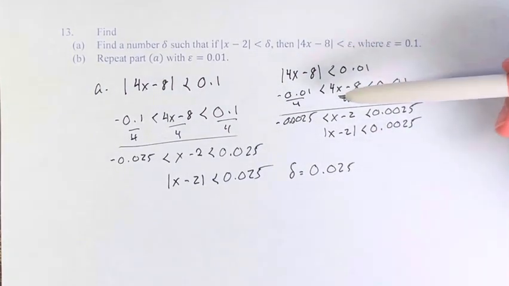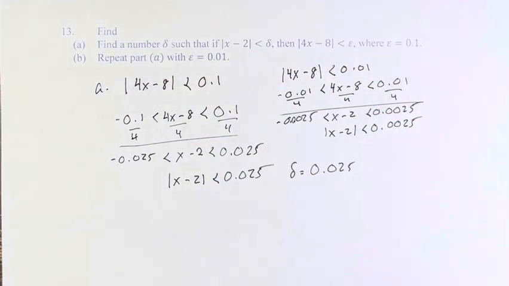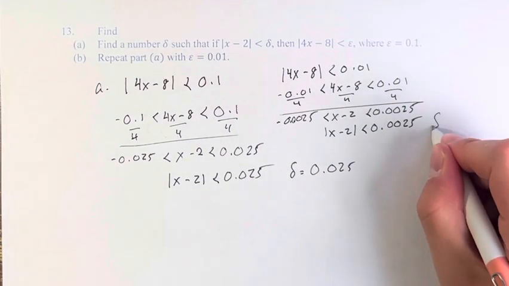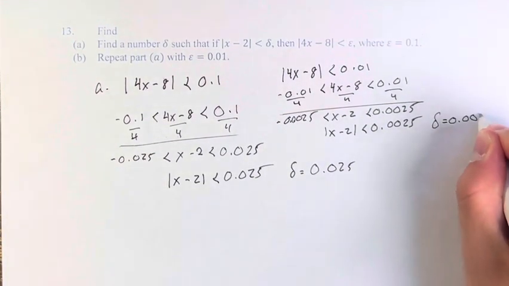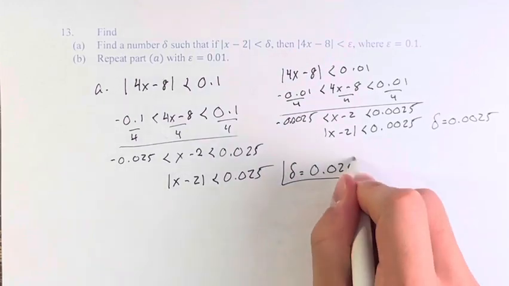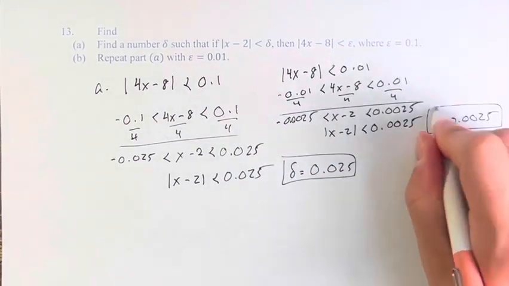I sort of breezed through this because it's the exact same steps we did here. And we find that delta equals 0.0025. So this is our value of delta for A and for B.